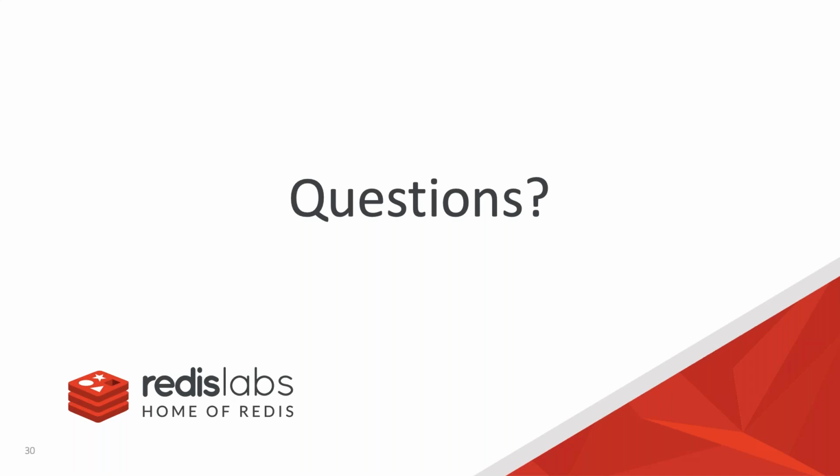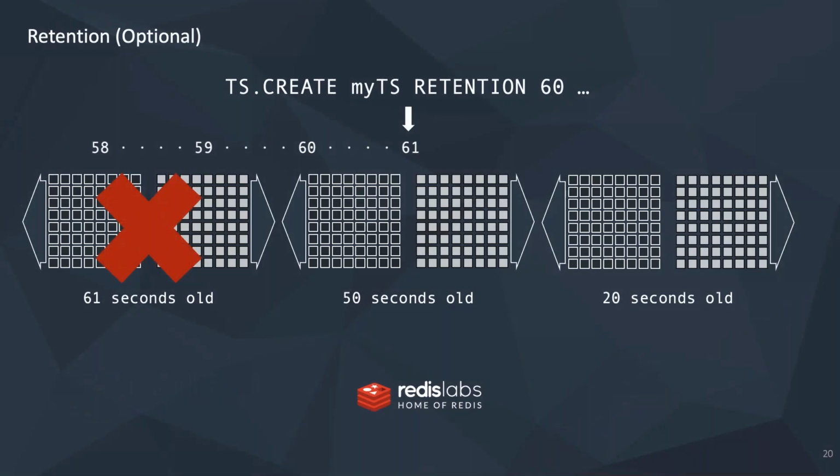Okay, are data retention thresholds global for the whole database, or can they be retained per key? I'm going to refer back to one of my slides and show you how that works. So let's see here, retention. All right, so if we take a look at this one, this only applies to MyTS. So you could have retention 60 here, right?